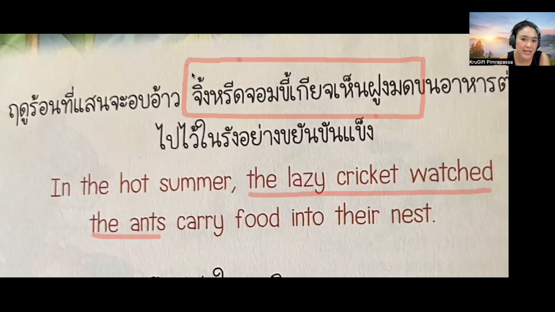Okay, the first one is จิ้งหรีด, but we separate it into two syllables, which are จิ้ง and หรีด. Okay, next. จอม. Next. ขี้.